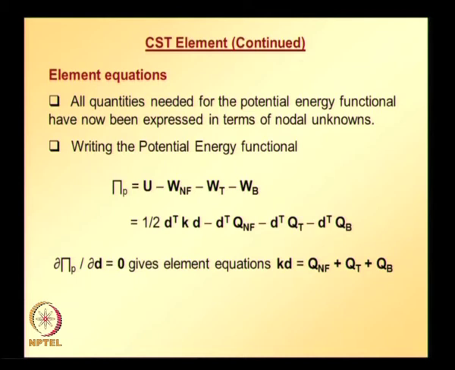So, solving this, we get nodal unknowns or nodal displacements. Once we have nodal displacement information, we can easily calculate strains, and from there we can calculate stresses and do all kinds of post processing.